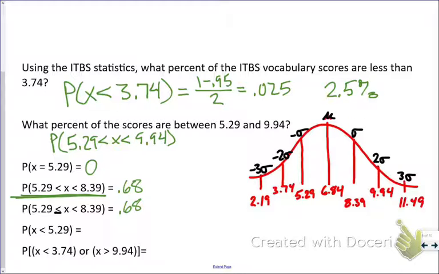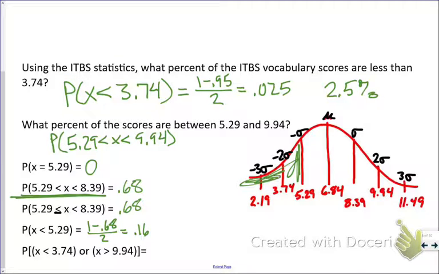But I can do less than 529. So I'm looking at 1 standard deviation below and down. So take away the middle. I'll shade it in a second. That gives me to the left of 529 and to the right of 839. So chop it in half and I get 16. Let me shade it. Maybe that'll help.